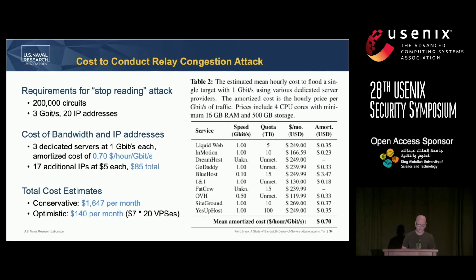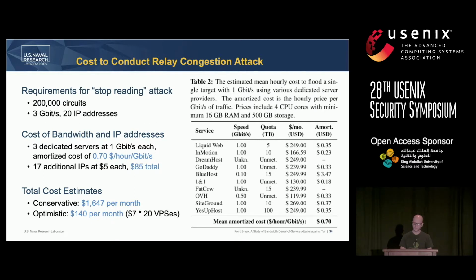earlier. And then how much does the bandwidth cost? For this question, we surveyed, the table on the right, table 2, shows a survey of different providers and how much they charge for dedicated servers with a certain bandwidth quota. And we surveyed some of these providers, and we came up with a mean amortized cost of 70 cents per hour per gigabit per second of traffic.